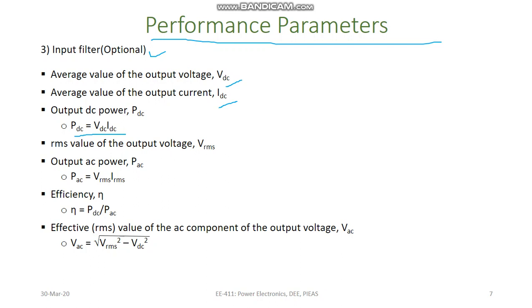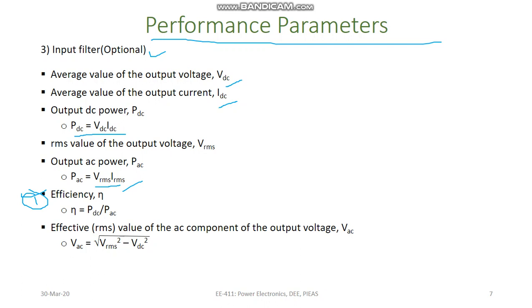Similarly, the AC output power has been defined as VRMS into IRMS. Now coming towards the very first parameter on the basis of which we can define the performance, or the correctness or the superiority of our design: it is efficiency.